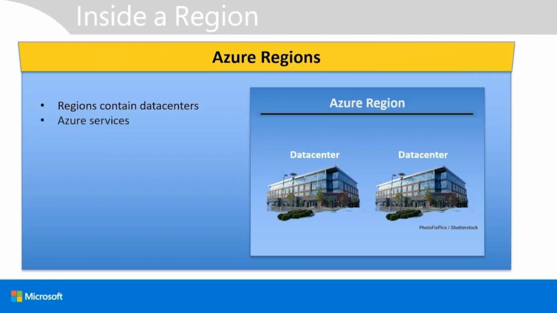Microsoft designs these regions and the data centers within them to offer highly available services to customers. Although keep in mind that there's no such thing as 100% available, there are always going to be situations where something goes wrong. But Microsoft has gone to great lengths to ensure that Azure services are highly reliable and available greater than 99% of the time.